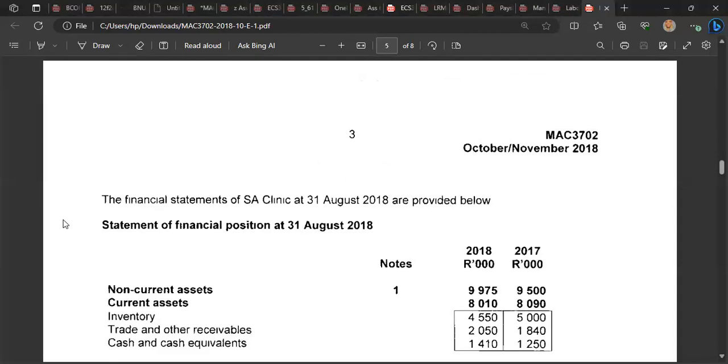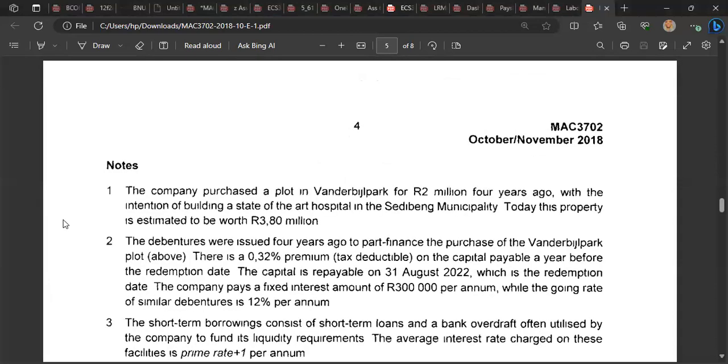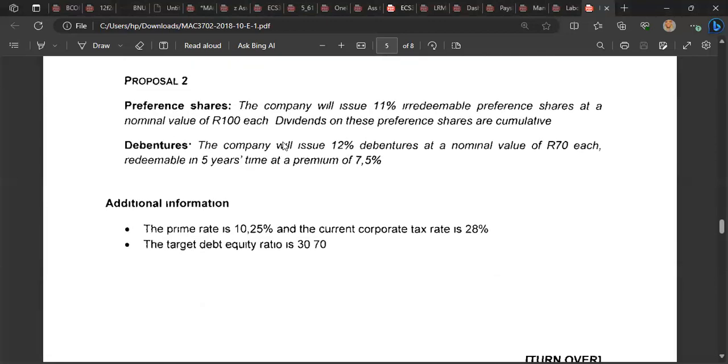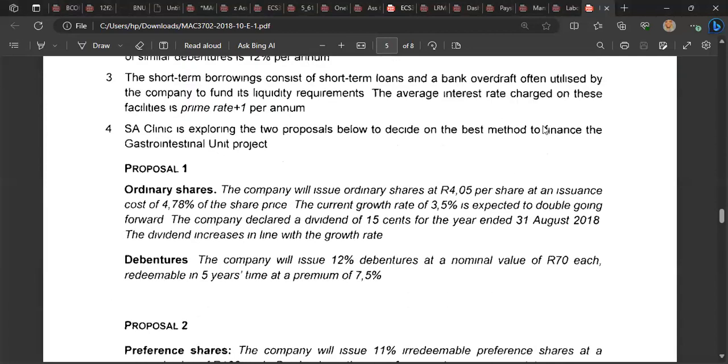So our issue at hand is this here, where we are saying the SA Clinic is offering two proposals below to decide the best method to finance. So we are basically looking at ways in which we can finance the GI unit. We need to know how much this GI unit is going to cost us, and we need to know the cost in actual terms, because this is management, we need to know the actual monies that are going to be given off to this project.